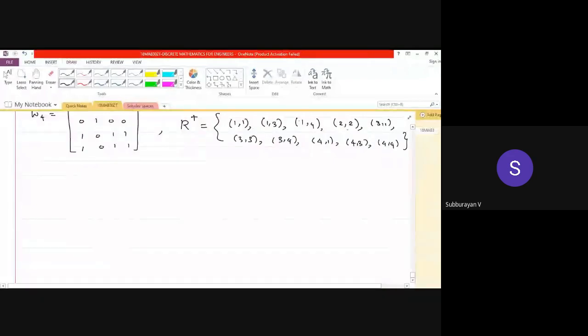Here, 3, 3 composite with 3, 4 gives 3, 4, which is already there. 3, 3 composite with 3, 4, and then composite with 4, 1, becomes 3, 1, and this element 3, 1 is there. So this relation is a transitive relation.